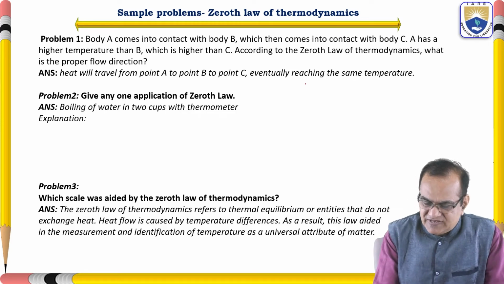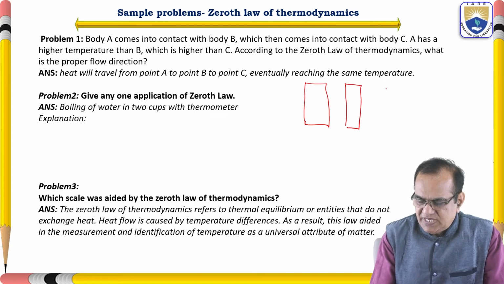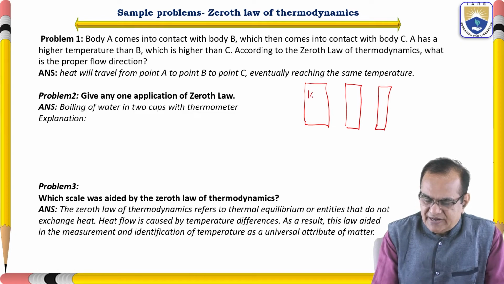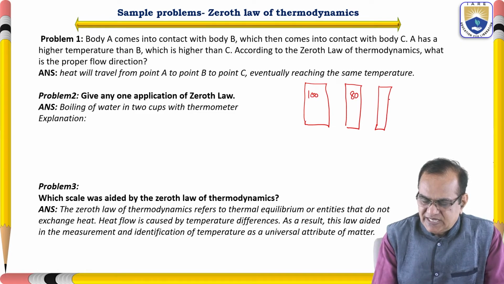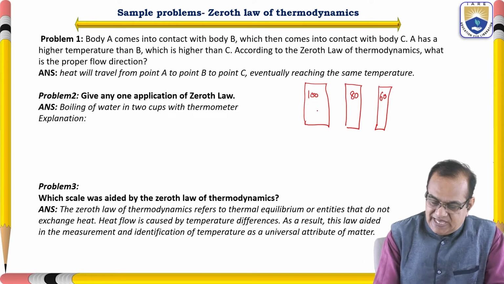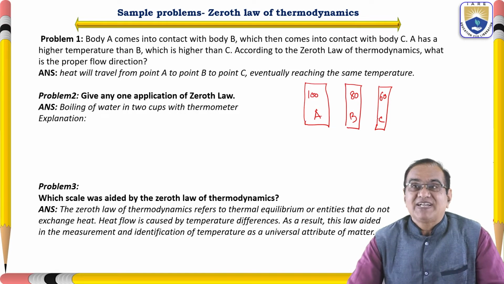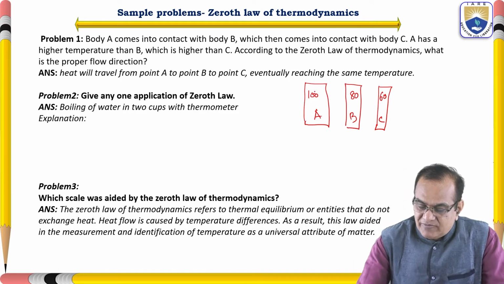Here I am showing one example: A, B, C. This is 100, this is 80, and this is 60. So how will the heat transfer take place? First from 100 to 80, and from 80 to 60, and it will continue.